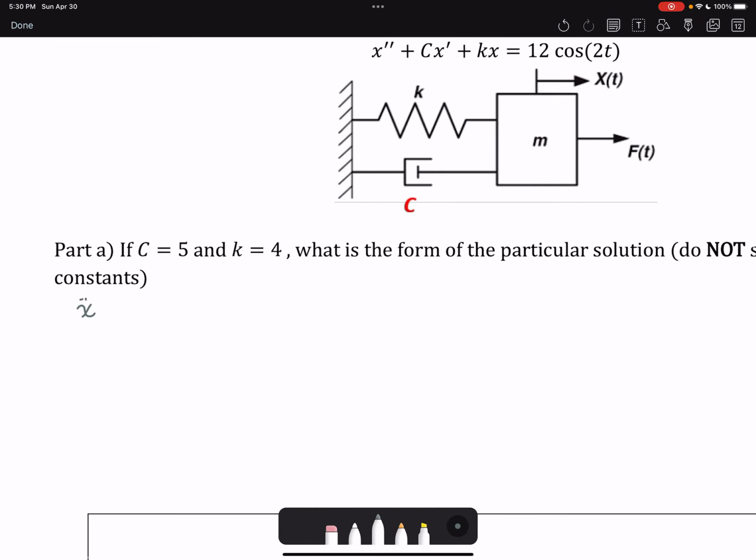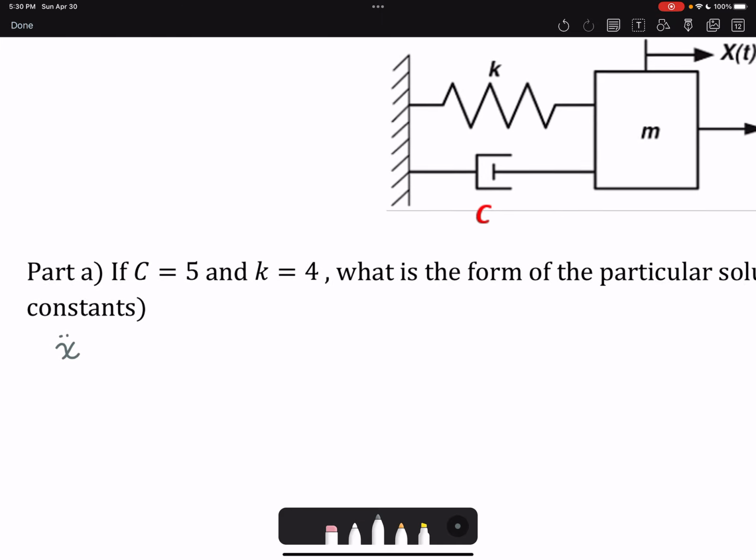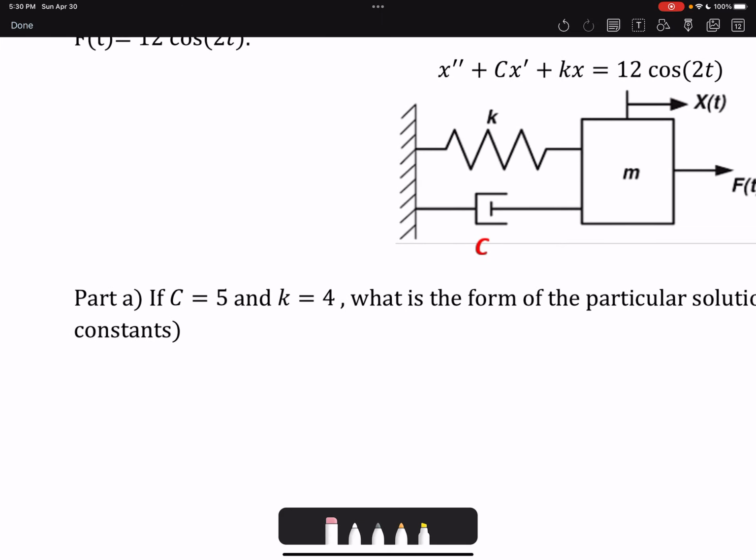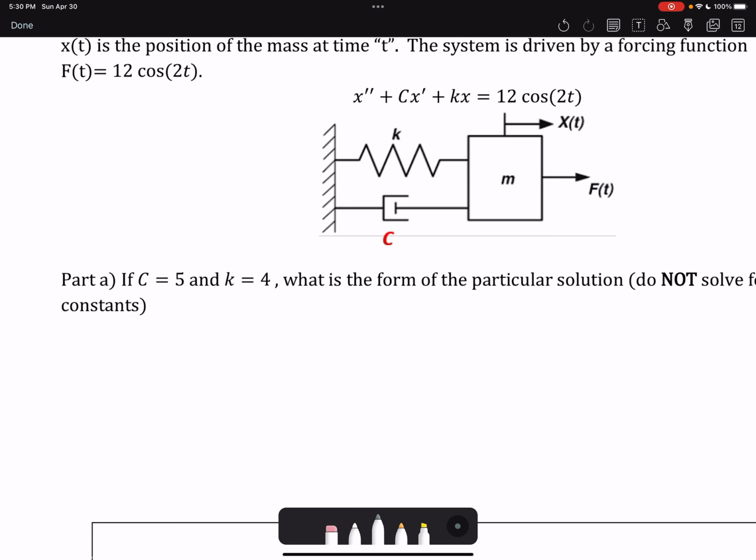Maybe the form is some constant times the cosine of 2t plus another constant times the sine of 2t. However, we have to check to make sure that there is no repetition.